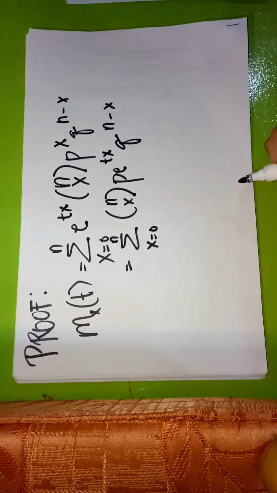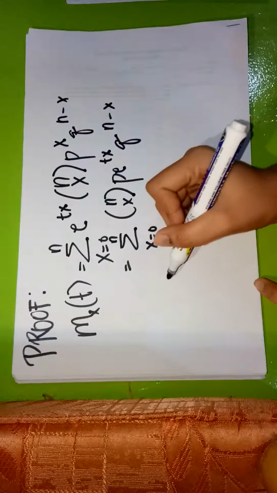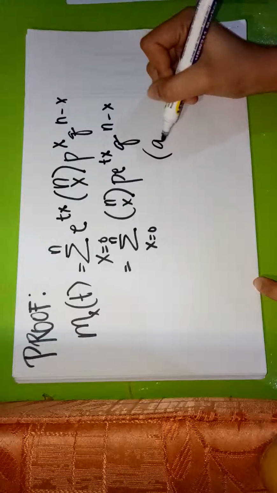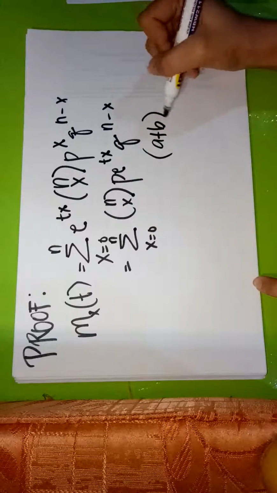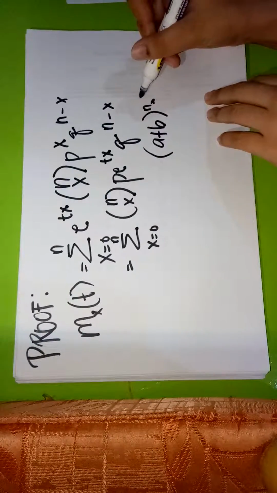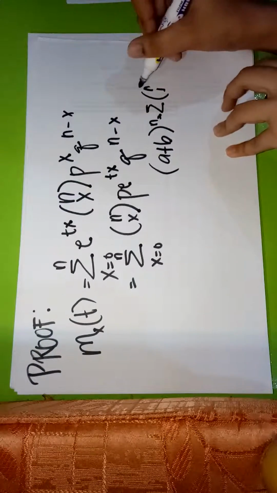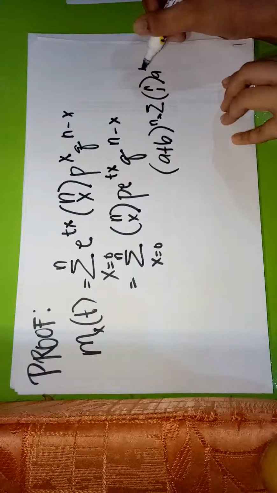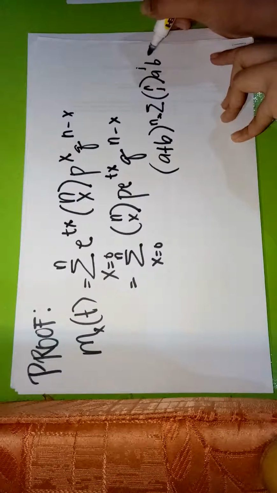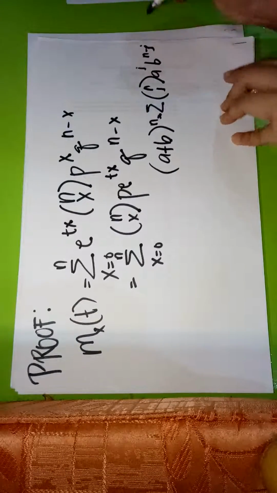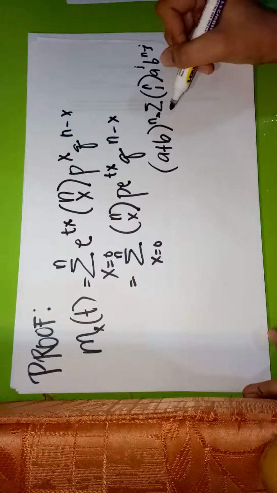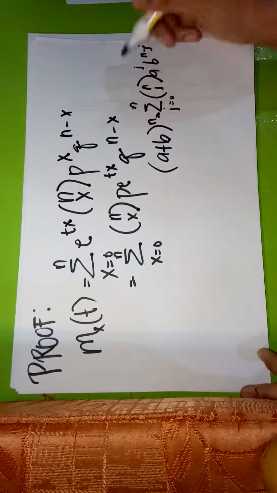By Appendix A, equation 15, the binomial theorem, it is written there that a plus b to the power of n is equal to the summation of n taken j, a to the power of j times b to the power of n minus j, where j is equal to 0 up to n.